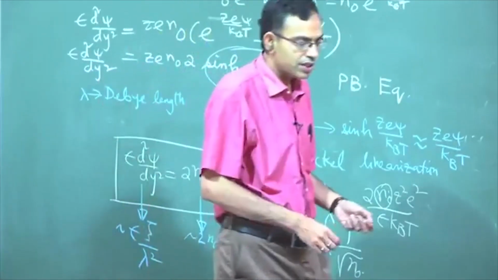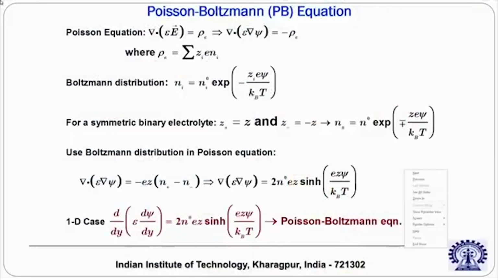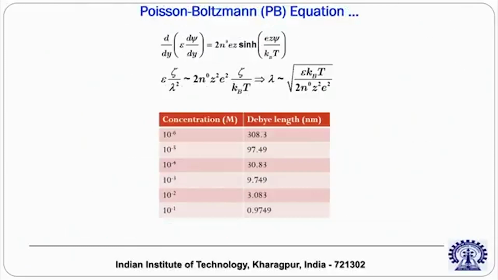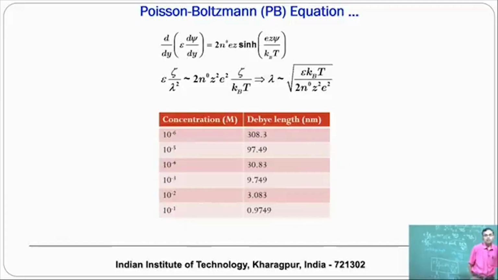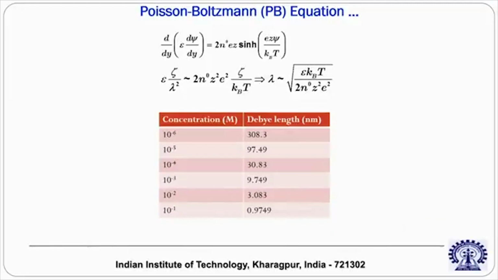Now I will show you a slide with the typical values of lambda based on the concentration. The concentration of the solution is in capital M, molar, that is moles per liter. If it is 10 to the power minus 6, which is micromolar, this kind of solution we normally do not use, but in that case it is around 300 nanometer. Typically it is around millimolar to molar.